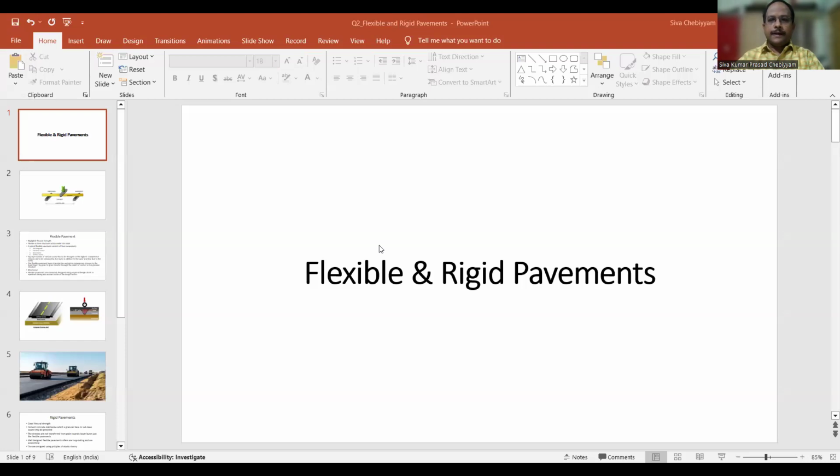Prior to understanding the differences between the flexible pavement and rigid pavement, let us explore one of the mechanical properties of material, namely flexural strength.